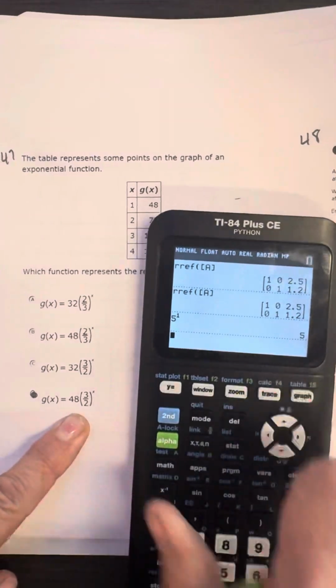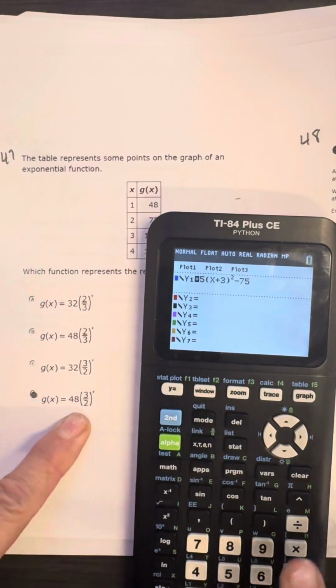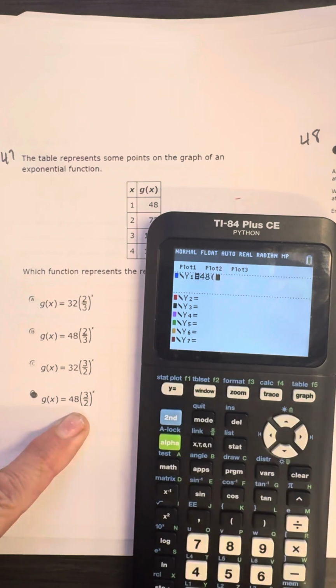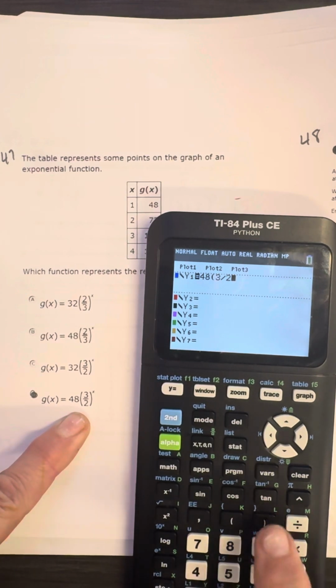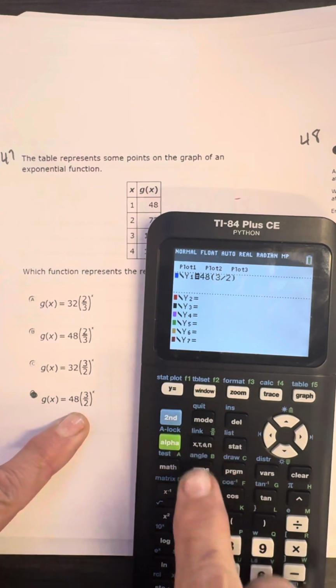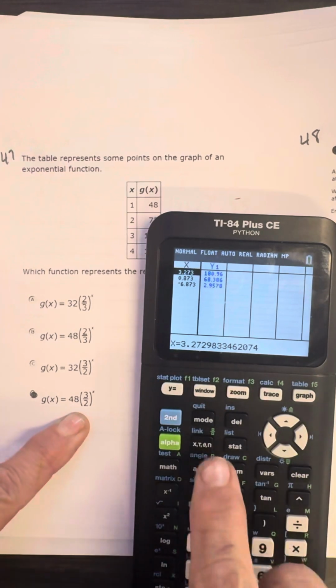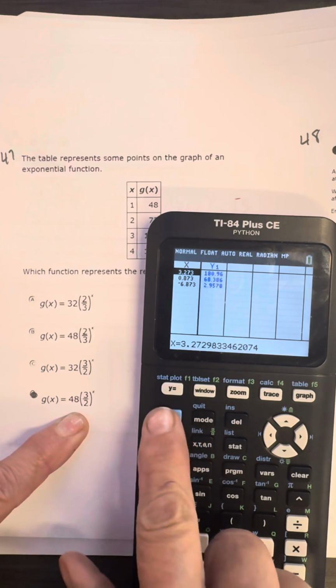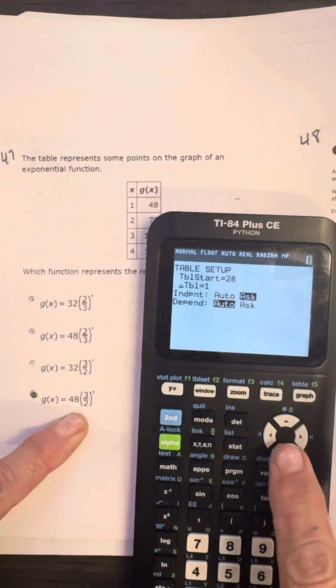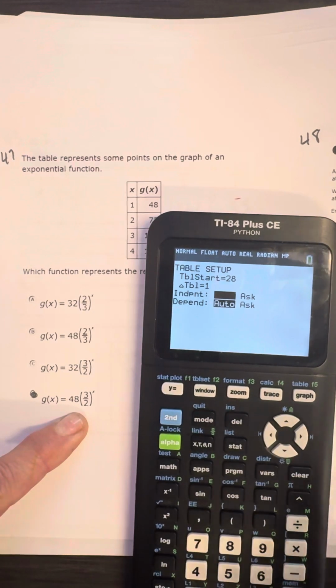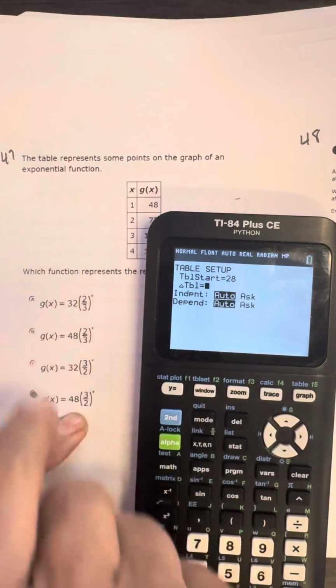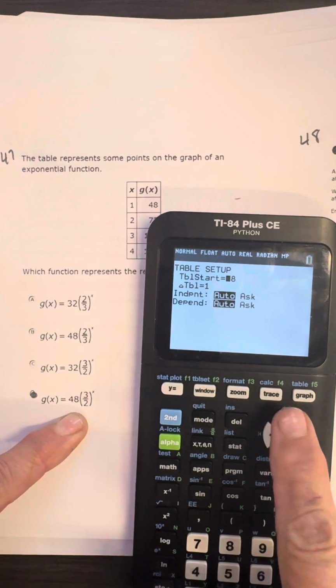So at the minimum, students should put it in y equals and see if it works, rather than just guessing without any thought. So raised to the x. And let me take us out of auto or ask. I'm going to put us back in auto. And we're going to start at 1 because our first x value is 1.